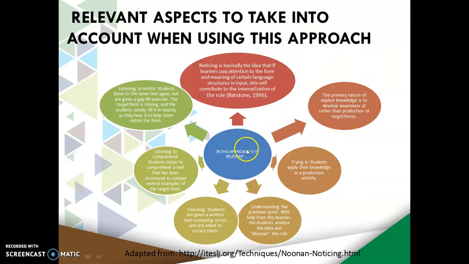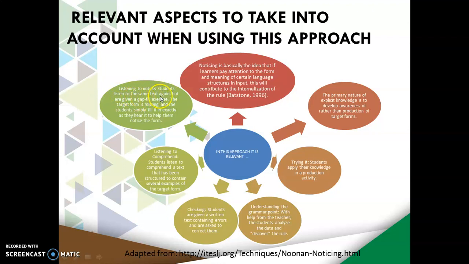A second relevant aspect is that the primary nature of explicit knowledge from guided discovery is to develop awareness rather than the production of target forms. It makes them aware of the use of the language. To do that, in this approach it is relevant that we use listening to notice.